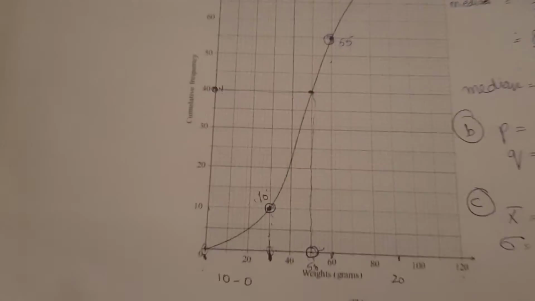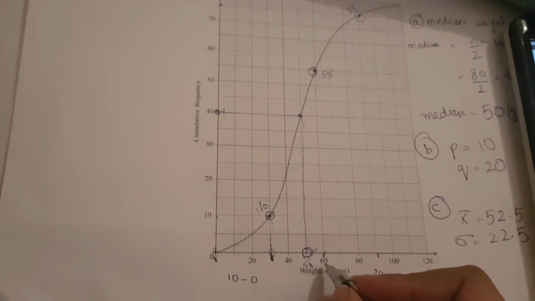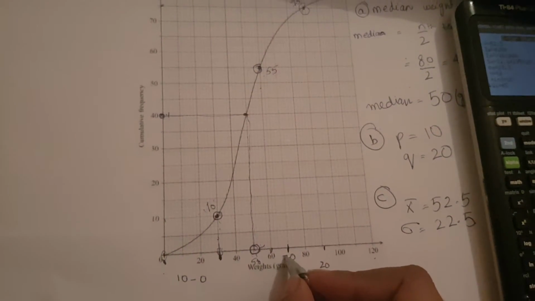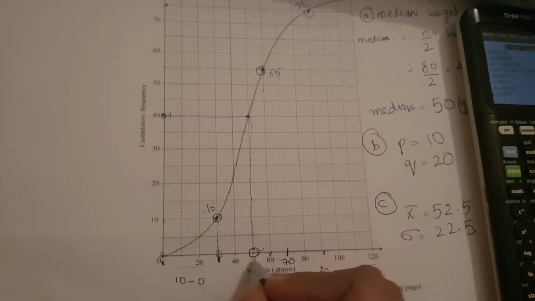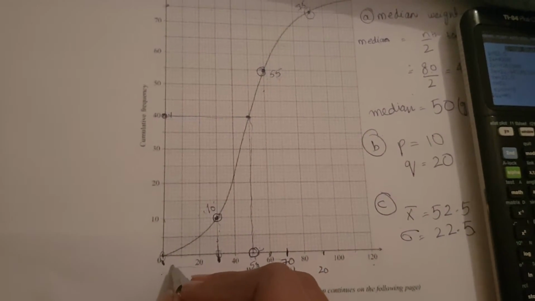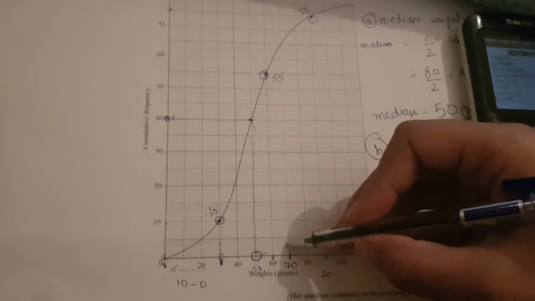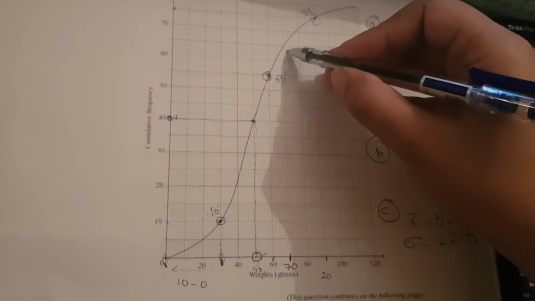The weight should be less than or equal to 70. Where is 70? This is 70. Right? In your gram, this is 70. They want to know the number of rats whose weight is less than 70. Let's see where 70 is.